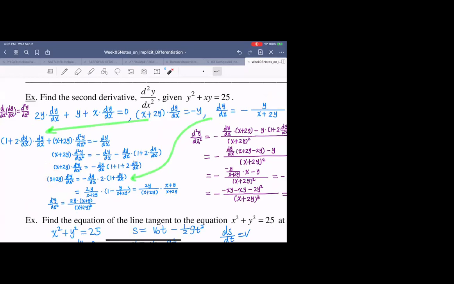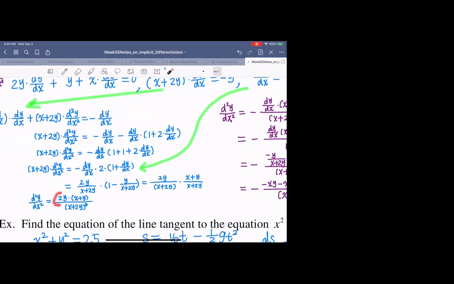So you put x plus 2y in your denominator. This has x plus 2y squared. You divide it by another x plus 2y, you have x plus 2y cubed. So the final solution is 2y times (x plus y), divided by x plus 2y cubed.